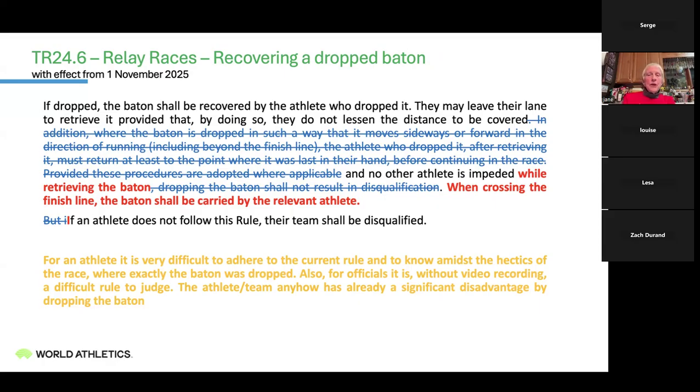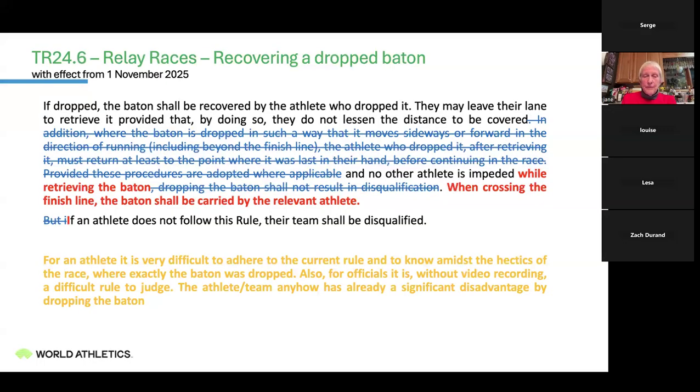And the reason we have crossed off the requirement that the athlete has to go back to where the baton was dropped, to leave the runway, and all these other things, is that for an athlete, it's very difficult to adhere to the current rule and to know, amidst the hectics of the race, where exactly the baton was dropped. Also, for officials, it is, without video recording, a very difficult rule to judge.